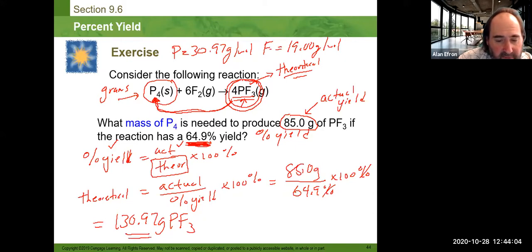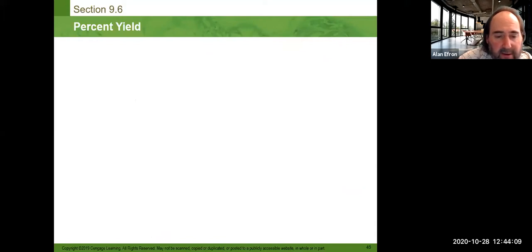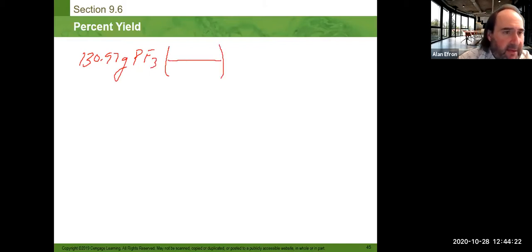We then want to convert this into moles, which is our second step. So taking our 130.97 grams of PF3, we're going to convert it into moles using the molar mass of PF3.